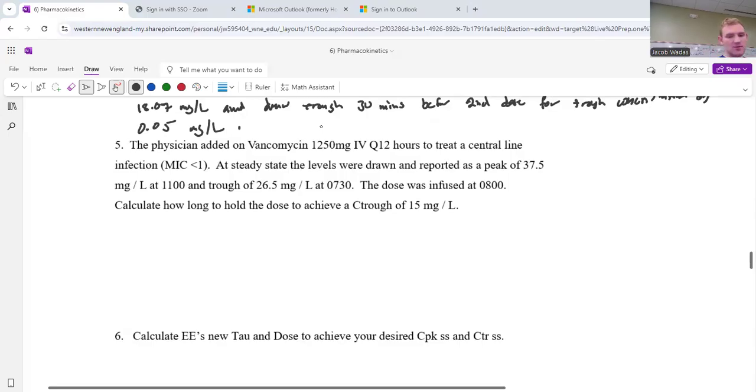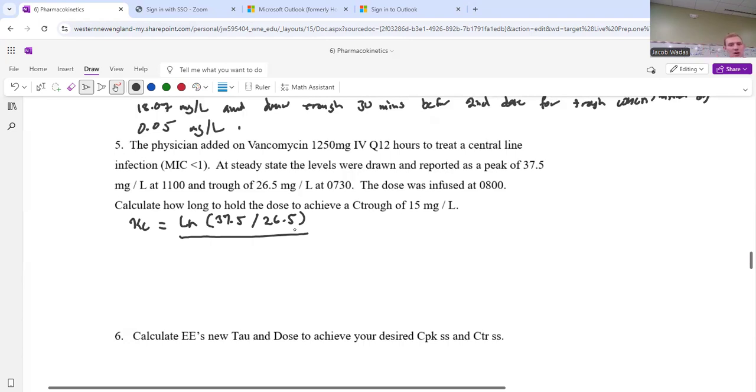So you have to solve for KE first. KE will equal ln of peak over trough, 37.5 over 26.5, all over the change in time. The way that you calculate the change in time is the tau minus how much before you took the trough and how much after you took the peak.